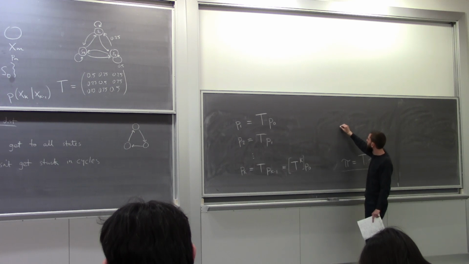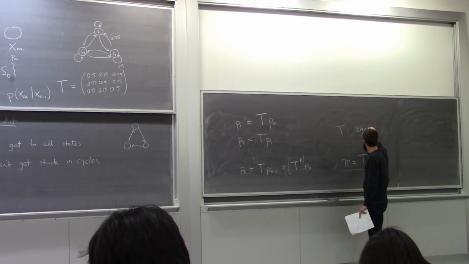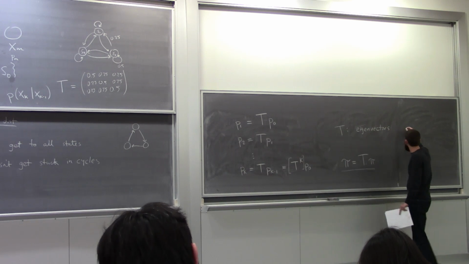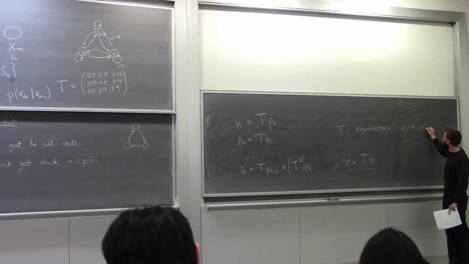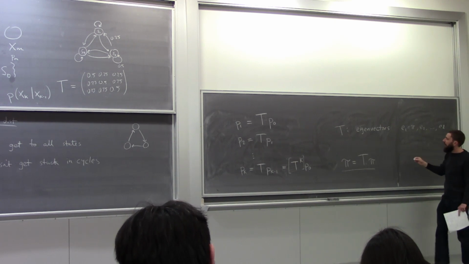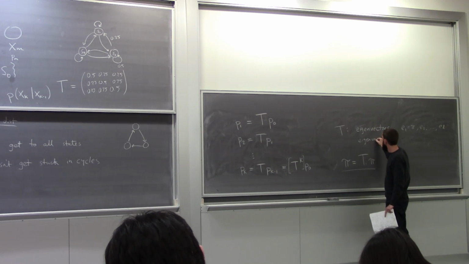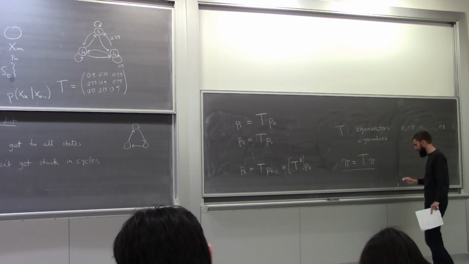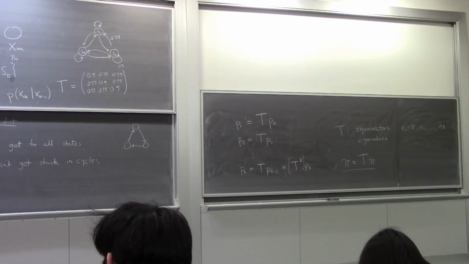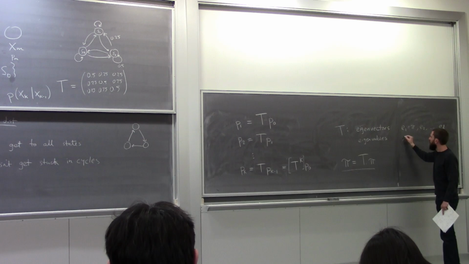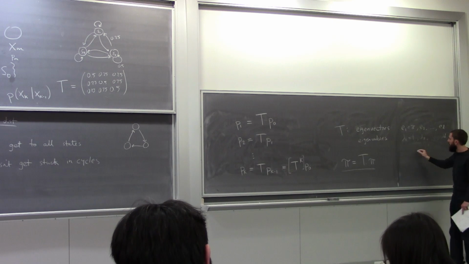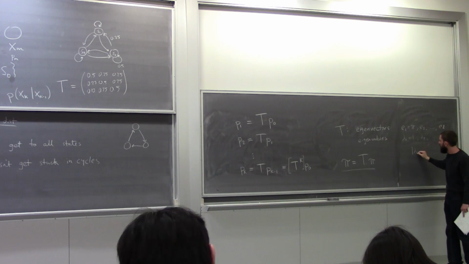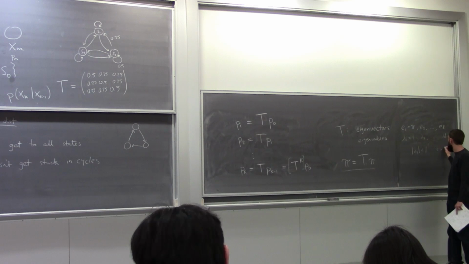So T will have eigenvectors E1, which is equal to this pi stationary distribution, E2 dot dot dot out to ED, let's say, and eigenvalues lambda 1, which is exactly equal to 1, and then lambda 2 dot dot dot down to lambda d, and the absolute value of lambda k is less than 1 for k greater than 1.